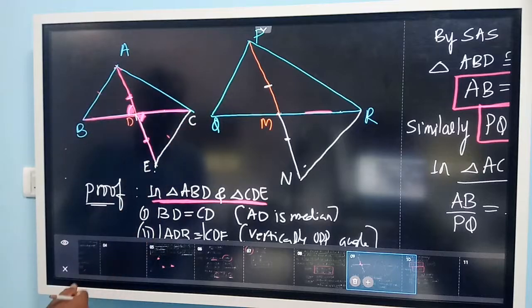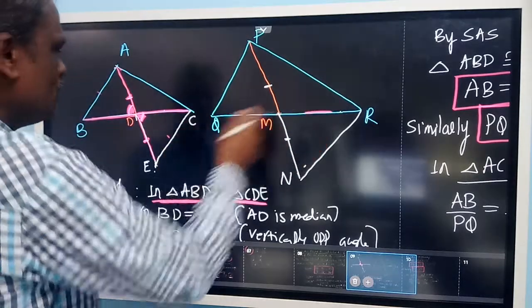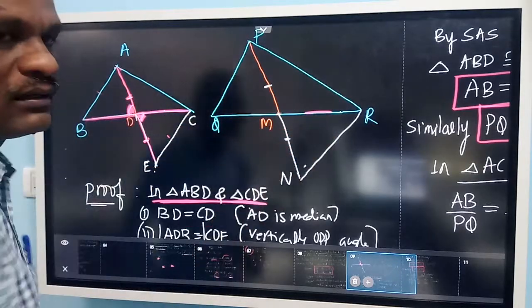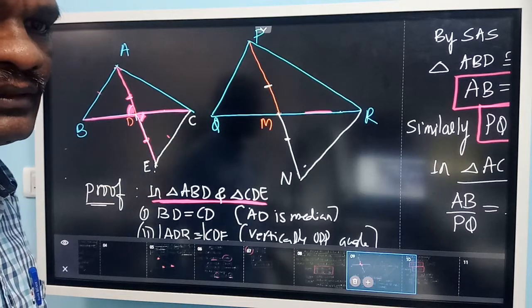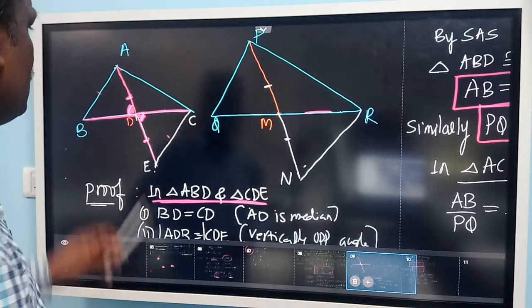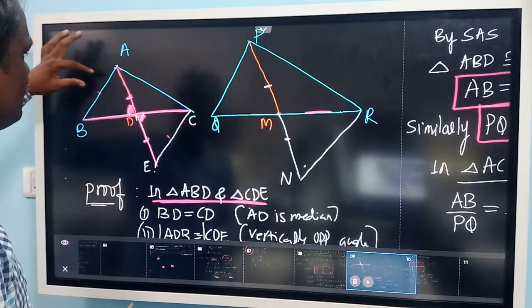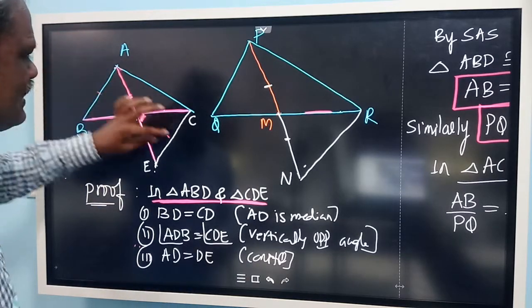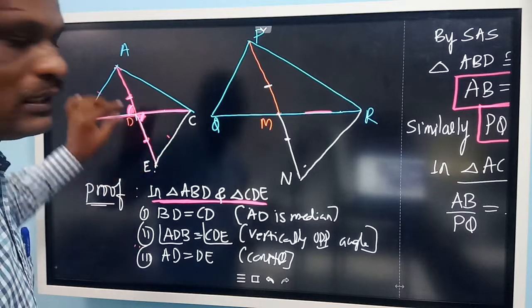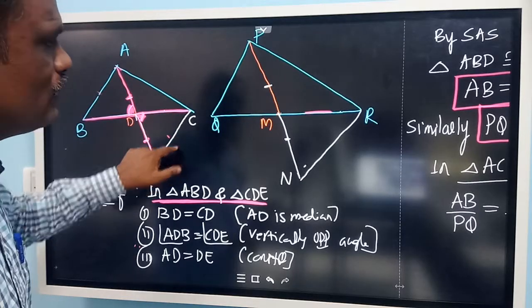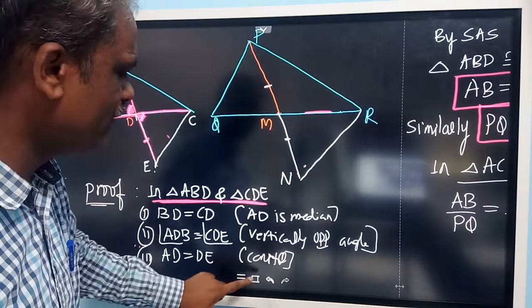Instead of writing AB by PQ, I can write CE by NR. Can you tell me what is the reason? Because we proved that AB is equal to CE, and PQ is equal to NR we have proved.